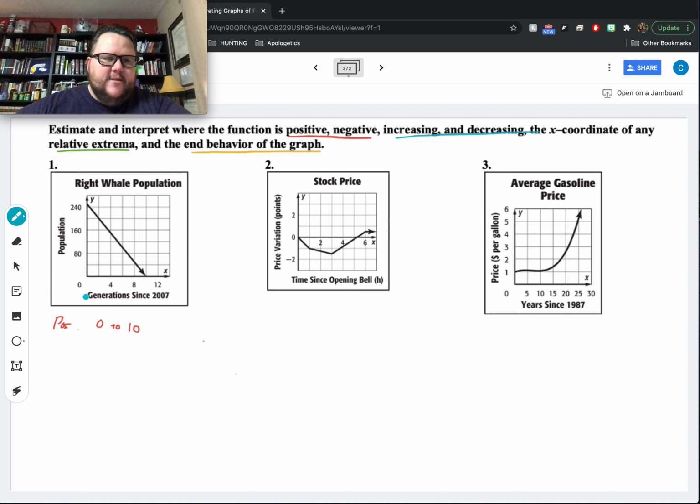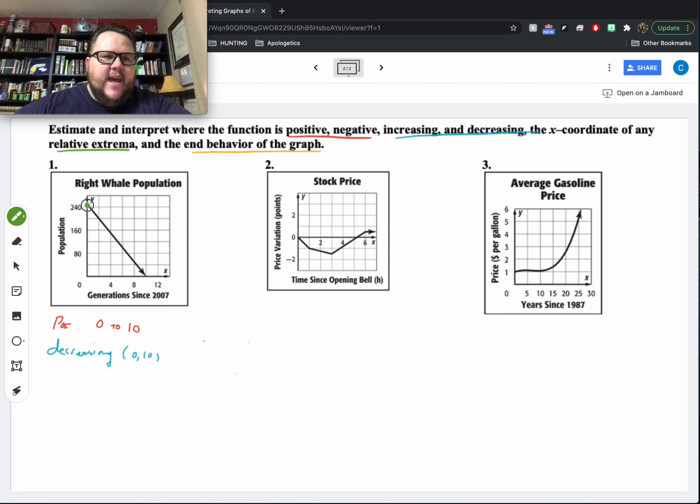Increasing or decreasing? It never goes up, so it's always decreasing from 0 to 10. So we're looking at the x range, the domain from 0 to 10. Relative extrema, there are no relative extrema.